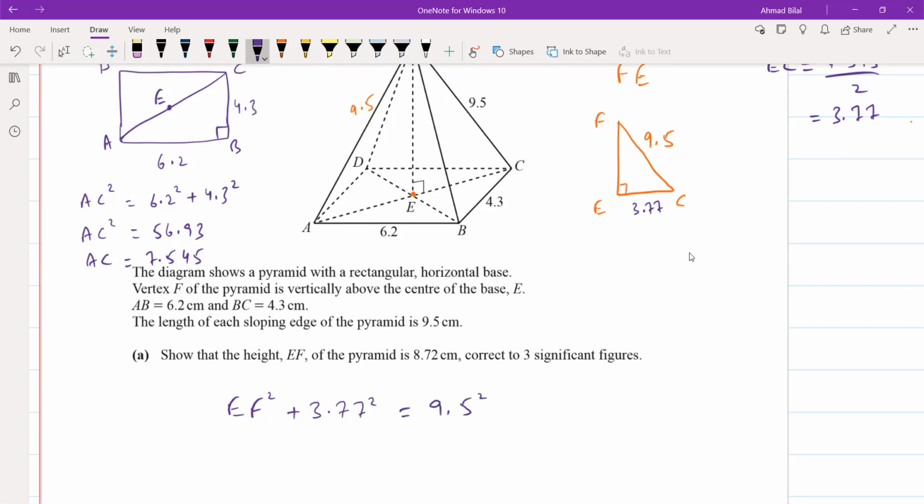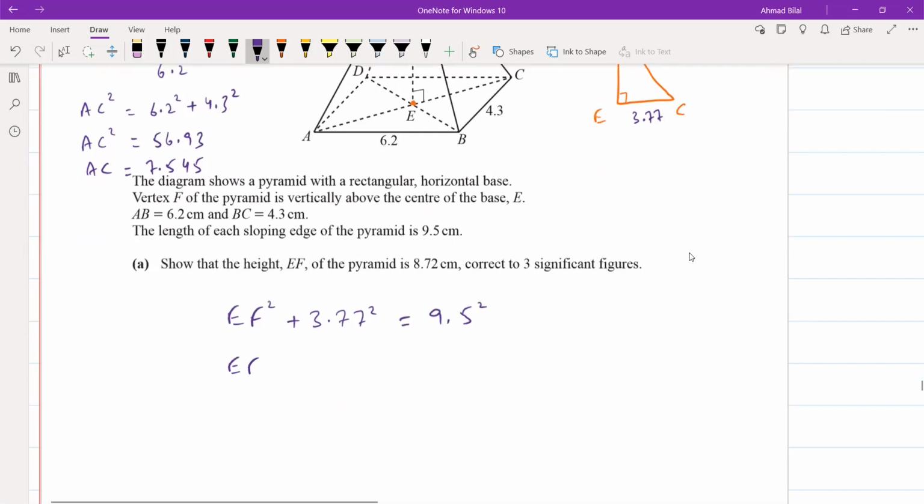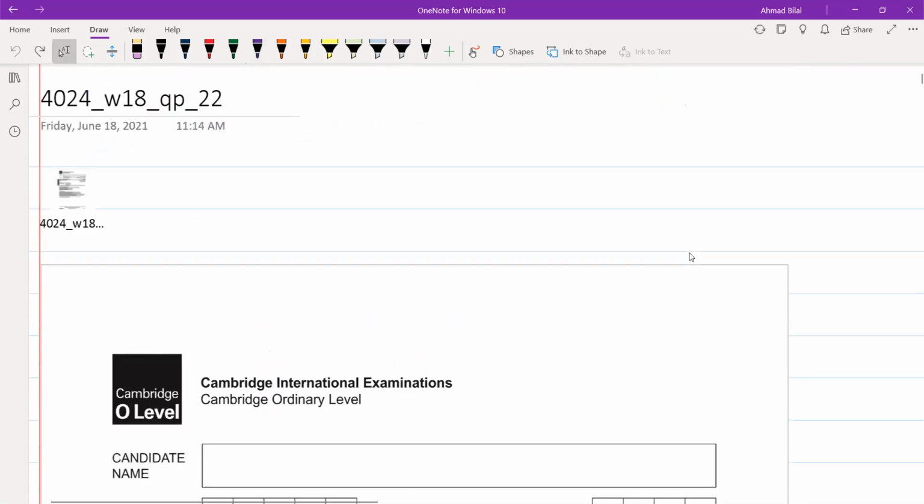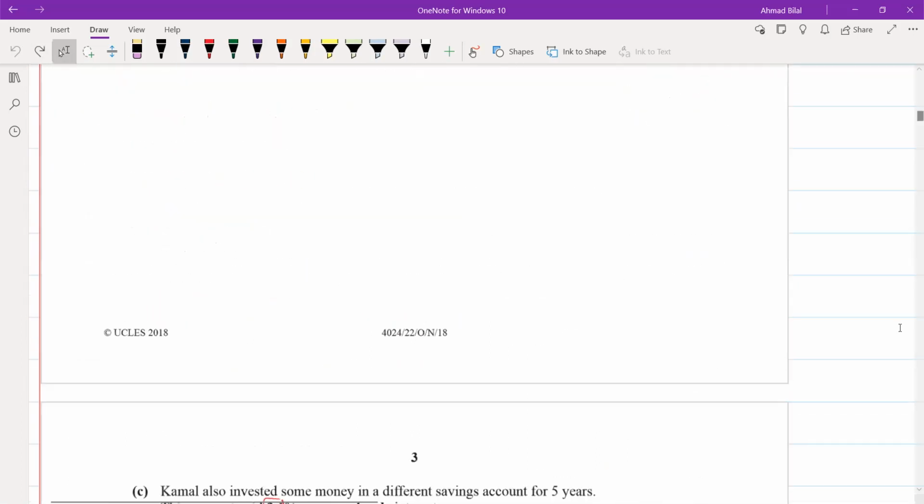Again इस पे Pythagoras use कर लिया. यहाँ से बस EF आ जाएगा. EF square, that is 9.5 का square minus 3.77 square, that is 76.0175. Then we take the square root of that. What happened there?